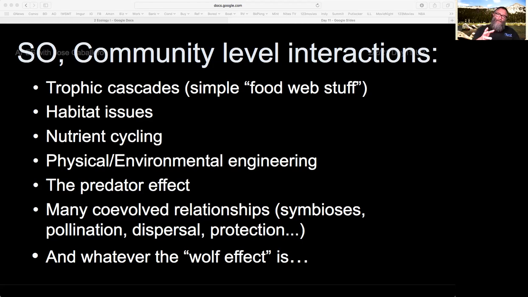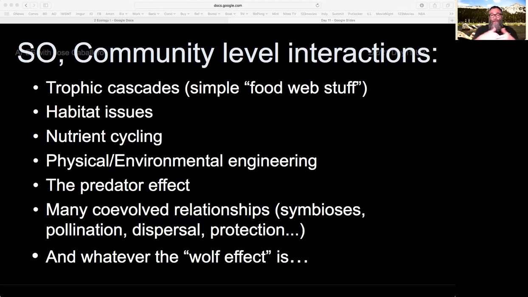There's nutrient cycling, like the way that the grizzly bears fertilize the forest or the prairie dogs mix the soil. There's engineering species, which create their environment by their activity.